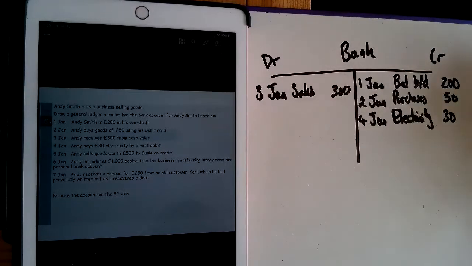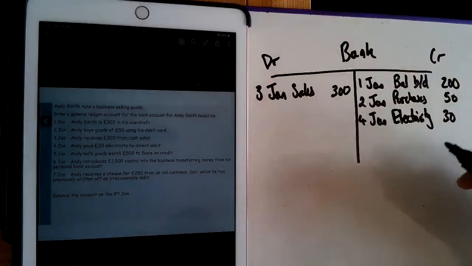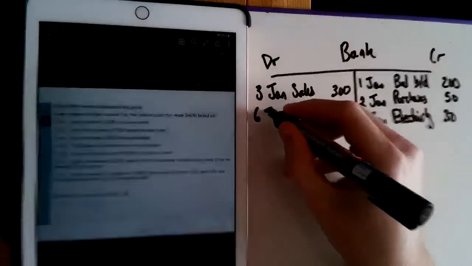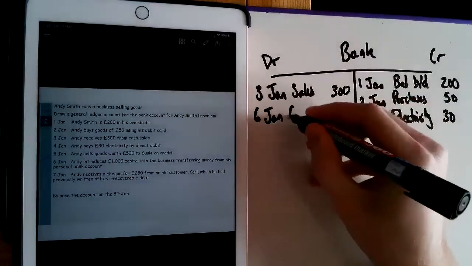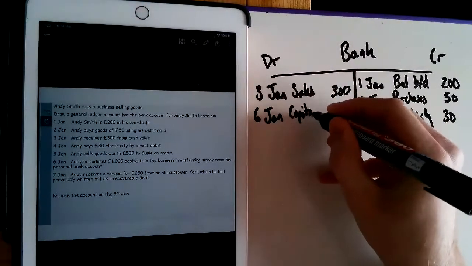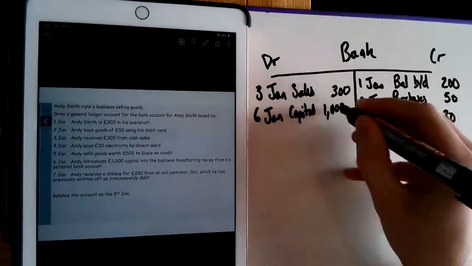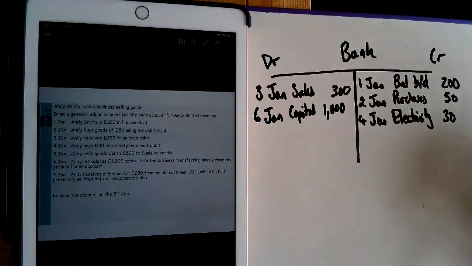6th of Jan, Andy introduces £1,000 capital into the business, transferring money from his personal bank account. So there's money going in to the business bank account, so that's on the debit side. And if you put money in, that's called capital. So £1,000. And the 7th of Jan, Andy receives a cheque for £250 from an old customer, which he had previously written off as irrecoverable debt.